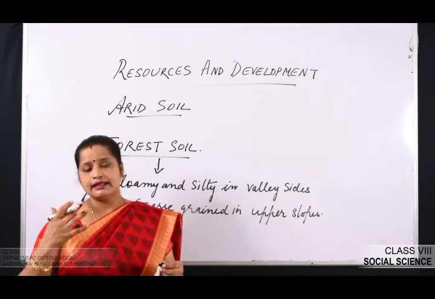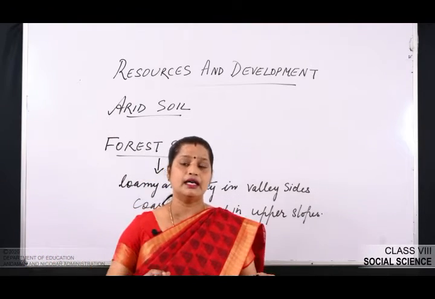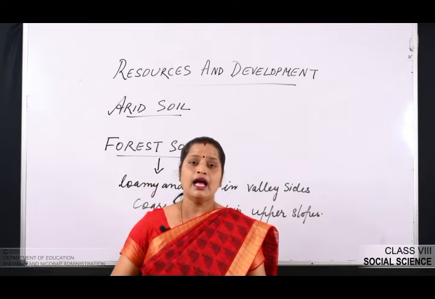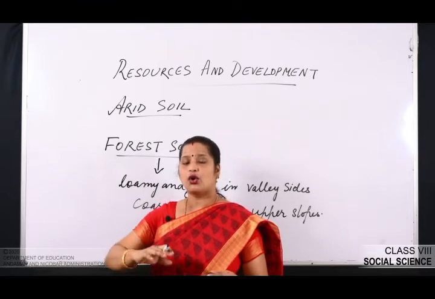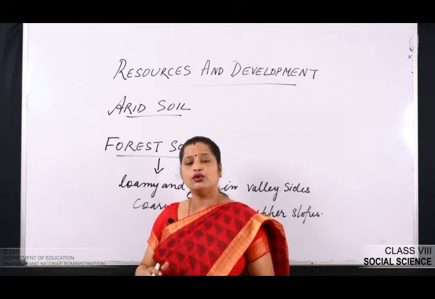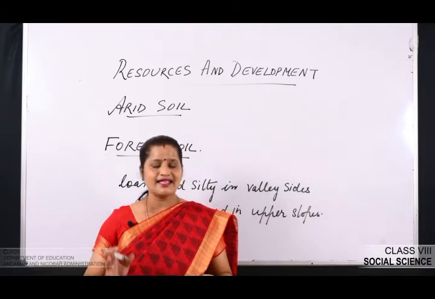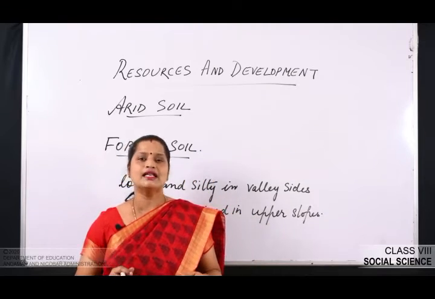Now, similarly, the forest soil is also available in the Himalayas, and here the mountains are mostly covered with snow, okay. So, the soil often experiences denudation and is acidic with low humus content.